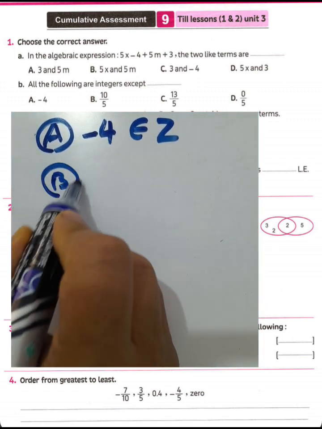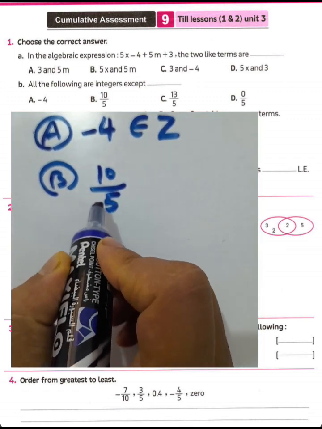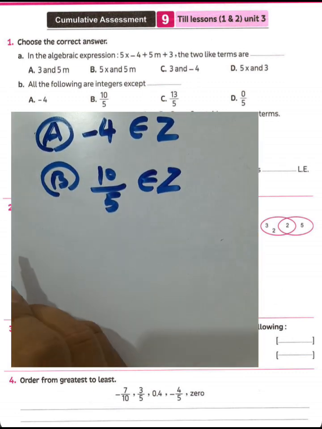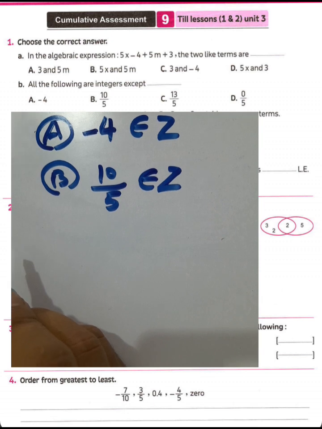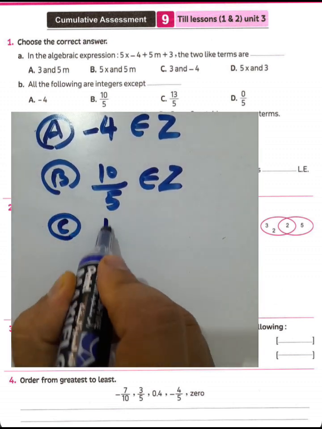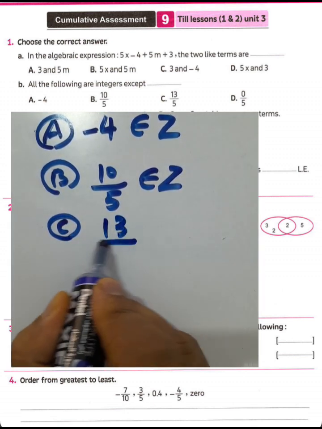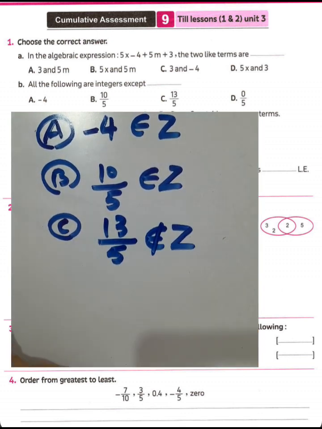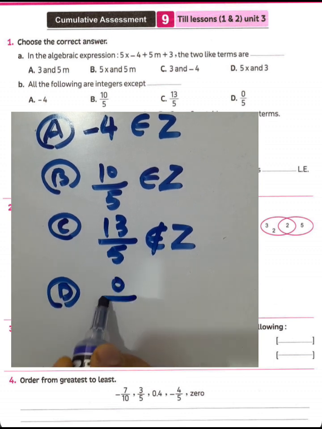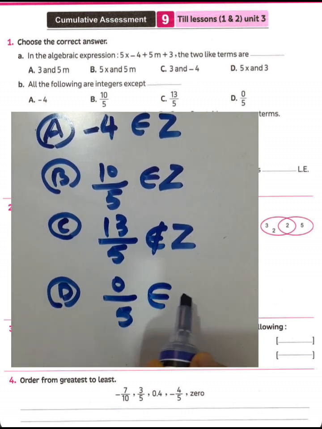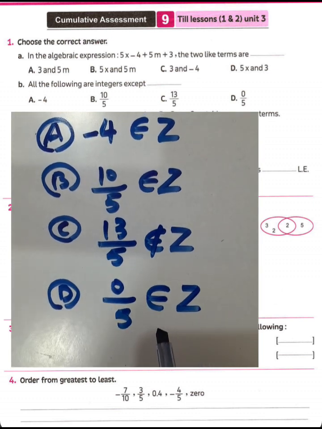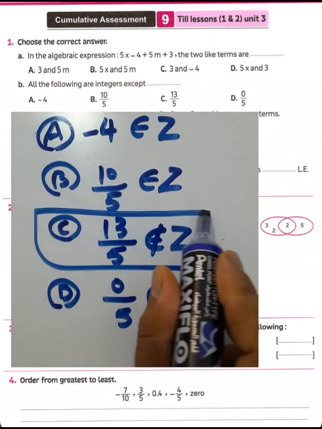Letter B, 10 over 5, belongs to the set of integers. And C, 13 over 5, does not belong to the integers. Letter D, 0 over 5, belongs to the integers. So we must choose letter C.